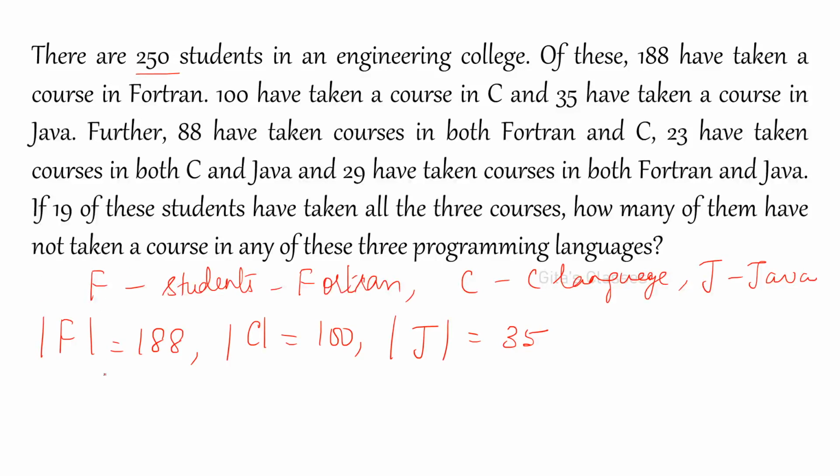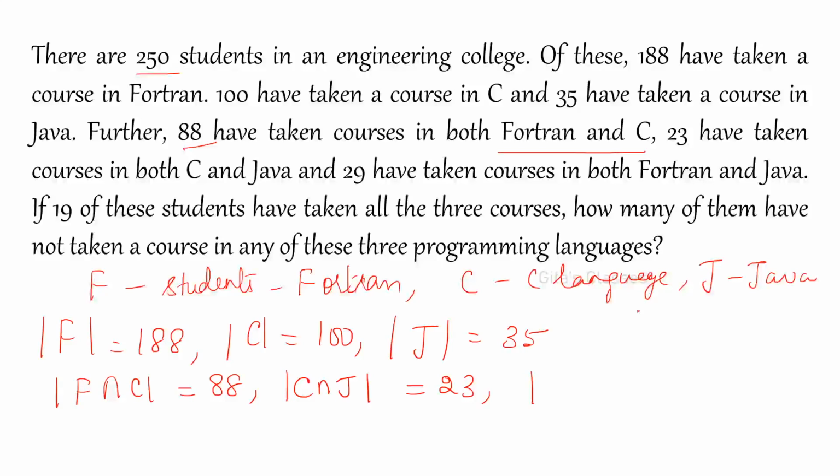Next, further, 88 have taken courses in both Fortran and C. So cardinality of F intersection C is equal to 88. Then 23 have taken courses in both C and Java. So C intersection J is equal to 23.